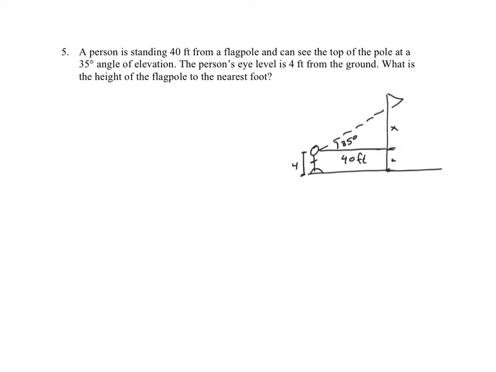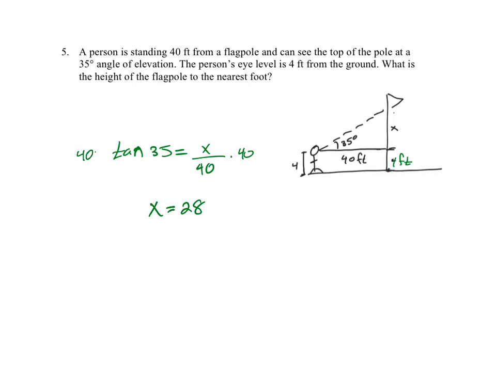So here I have 35, I have the adjacent, and I have the opposite. So that means that I'm working again with tangent. So tangent of 35 equals x over 40. So opposite over adjacent. So I'm going to multiply times 40 on both sides. So x equals 28, right?